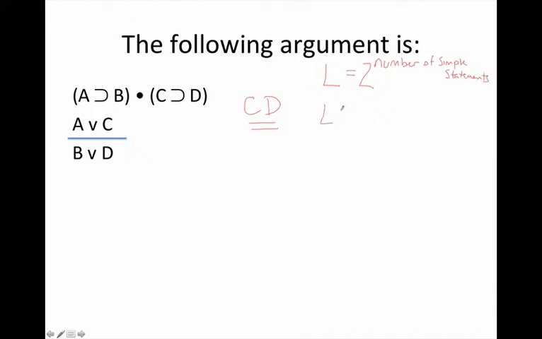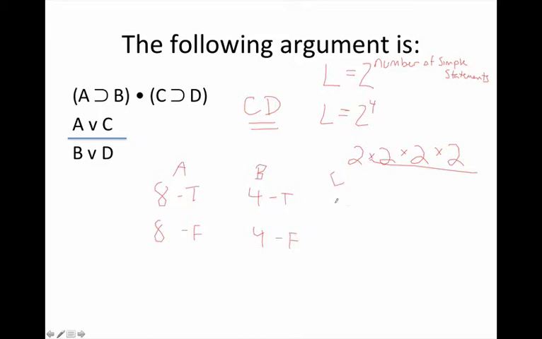So here it would be 2 to the power of 4. So 2 times 2 is 4, times 2 is 8, times 2 is 16. So 16 rows, which would mean 8 true, 8 false for A. Then 4 true, 4 false for B. So this would be A, B, C would be 2 true, 2 false, all the way for 16, right?